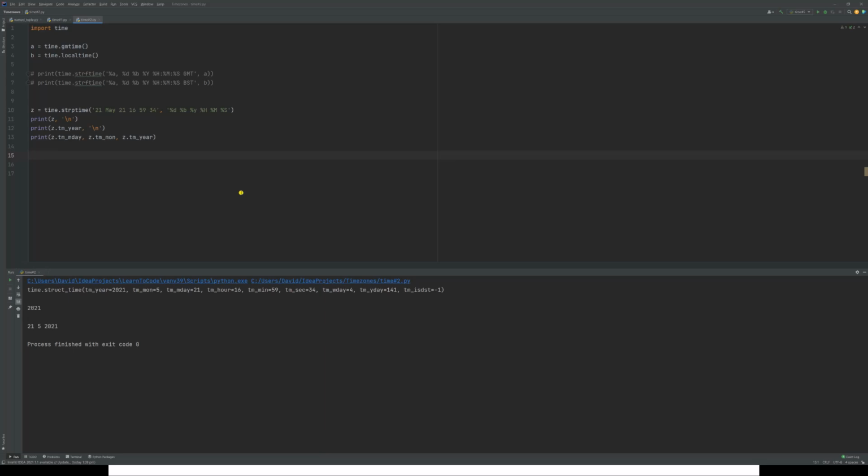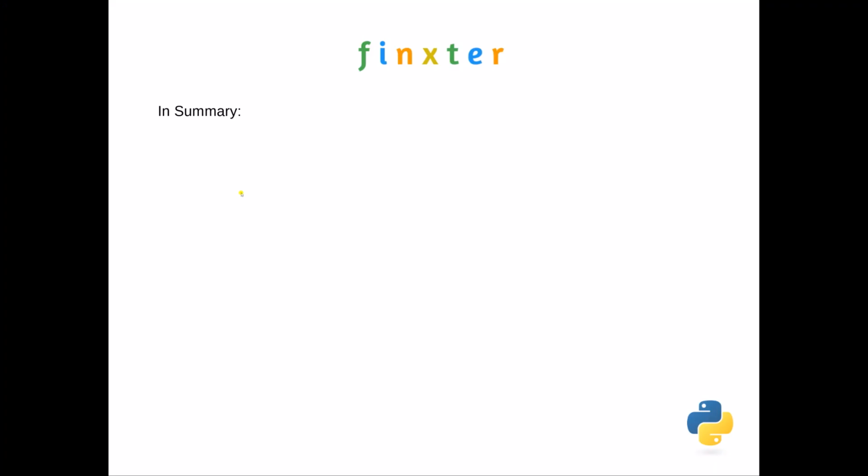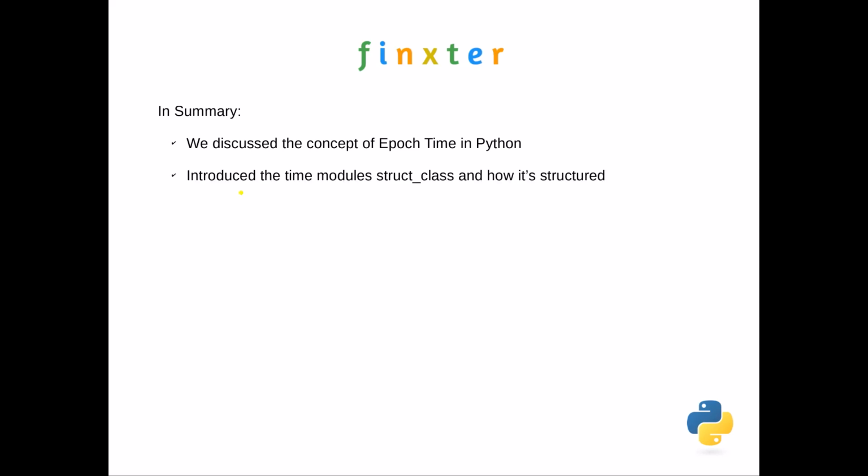Okay, let's just head back to the slides. So let's summarize what we've done here. We discussed the concept of epoch time in Python, seconds from 1st of January 1970. We introduced the time module struct_time class and how it's structured.